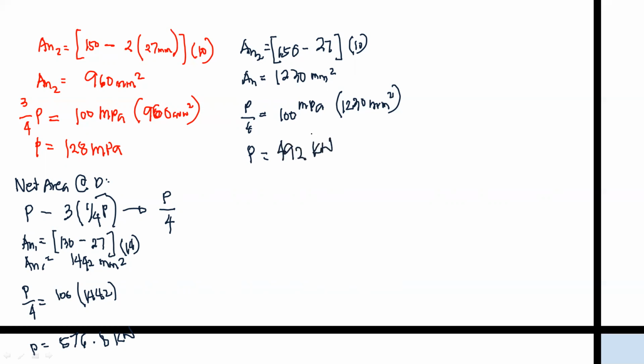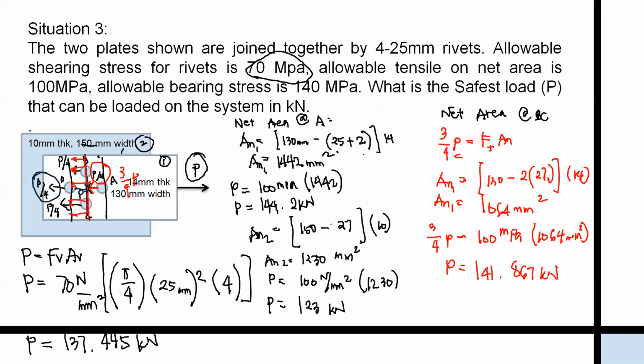Okay, so another thing to consider is our bearing on plate. As you can see, for bearing, our area for bearing is the number of bolts times the diameter of the rivet multiplied to your thickness. You have two plates here.